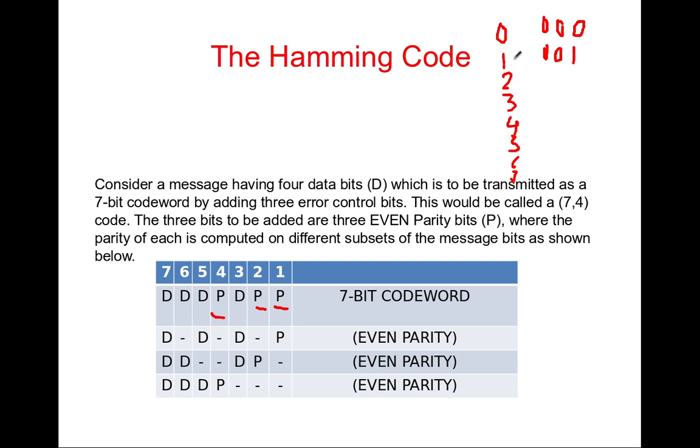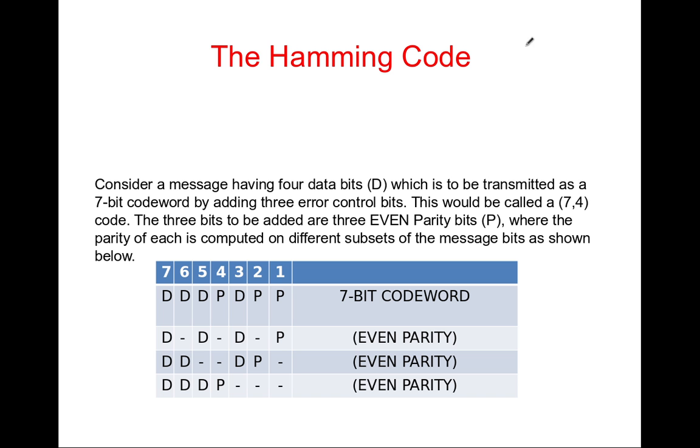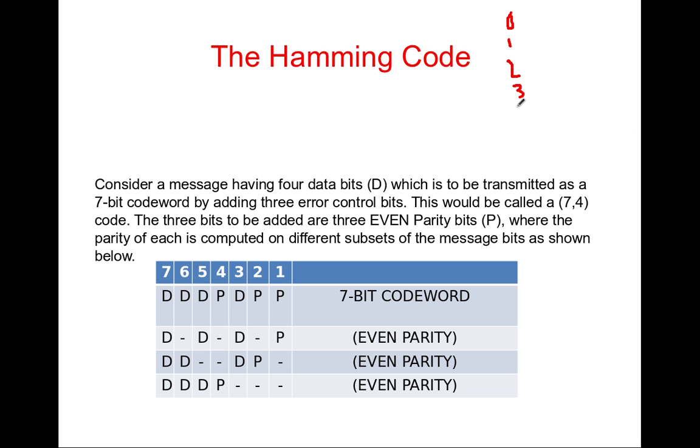So 0 is 0 0 0, 1 is 0 0 1, 2 is... let me draw it. 0, 1, 2, 3, 4, 5, 6, 7.